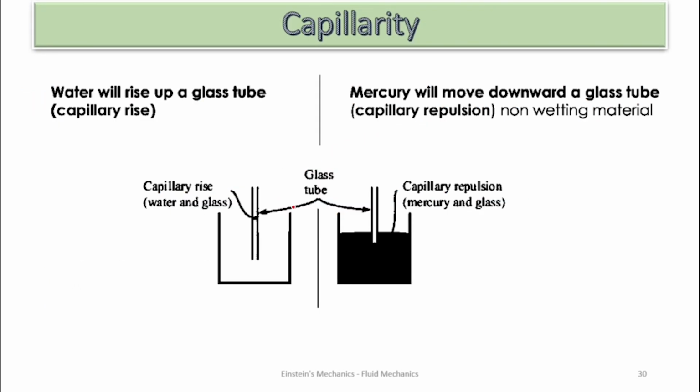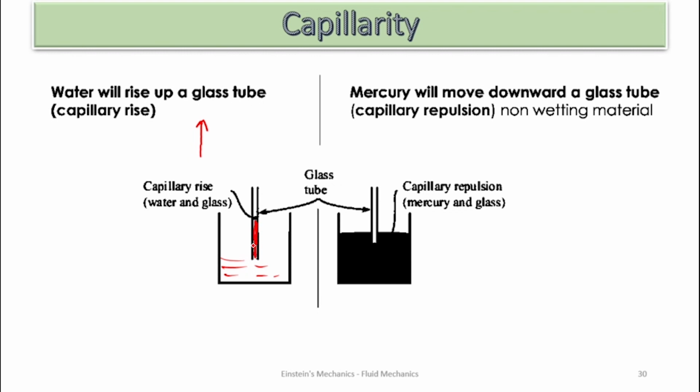The capillary action. Water will rise up in a glass tube. When we insert a tube inside a container containing liquid, that's water, it will begin to rise through the tube.